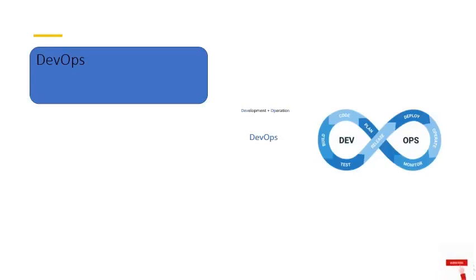It means they will work together. Basically, DevOps fills the gap between development and operation, just like Agile did between the business team, the PO, and the development team. The same thing is done by DevOps between the development team and the operation team.